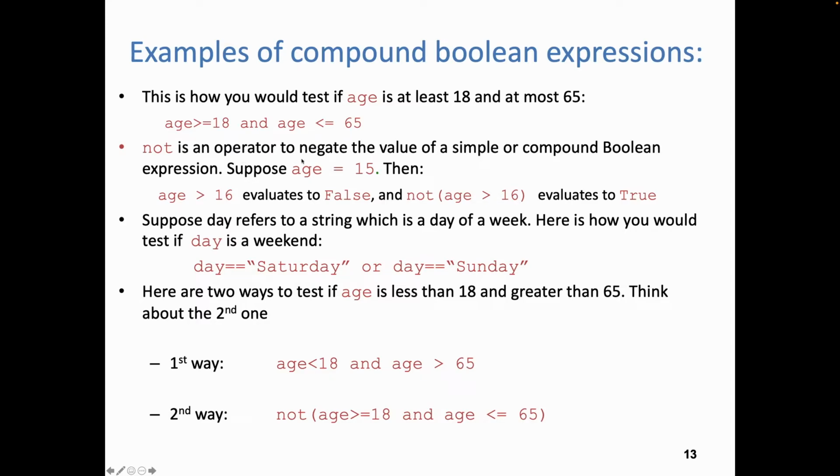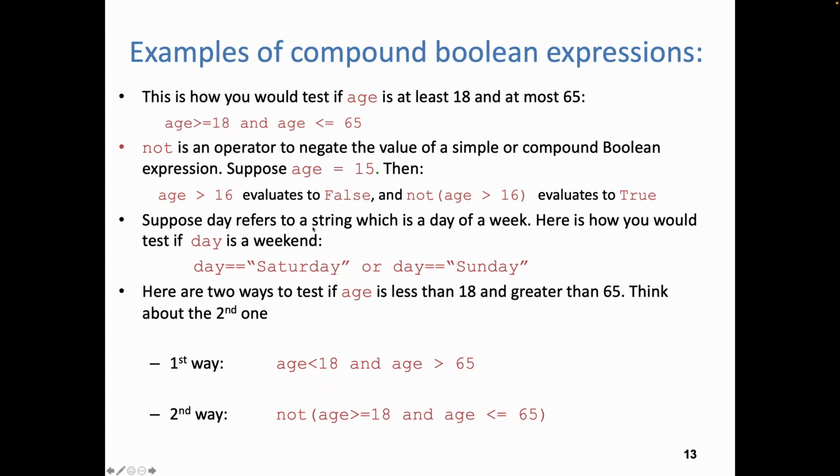Not is an operator to negate the value of a simple or compound Boolean expression. Suppose age is equal to 15, then age is larger than 16 is false, and not age is larger than 16 is true. Not here is an operator to negate the value of a Boolean expression.